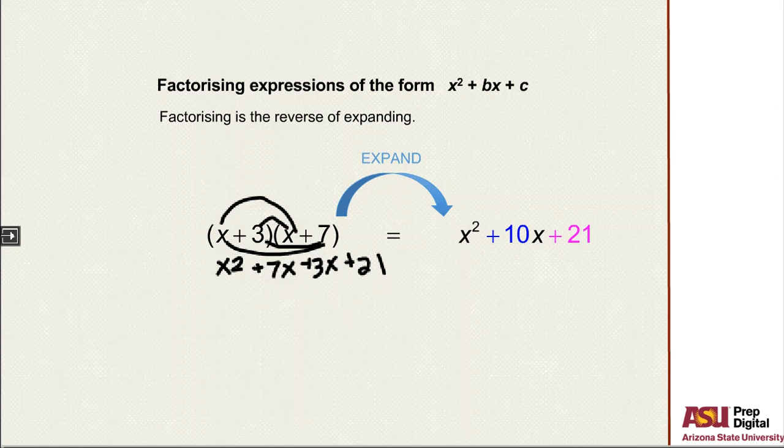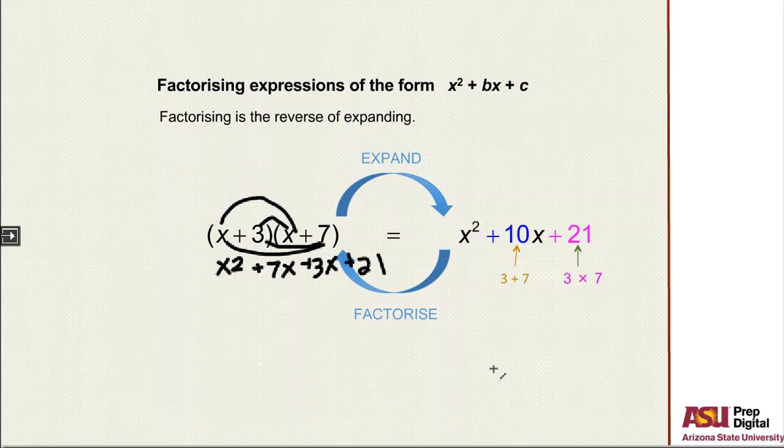Well, factoring is going the opposite direction. So going from the x squared plus 10x plus 21 version of this expression back to the x plus 3 times x plus 7 version. And so this takes a little bit of a process, but it's not too bad once you notice some patterns.